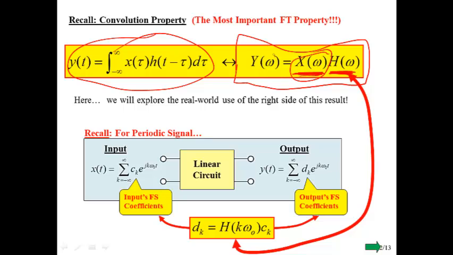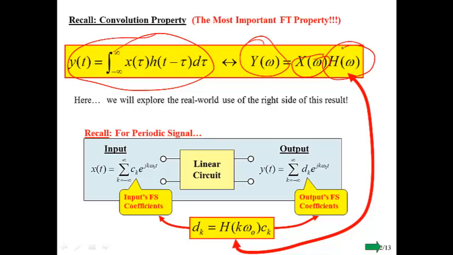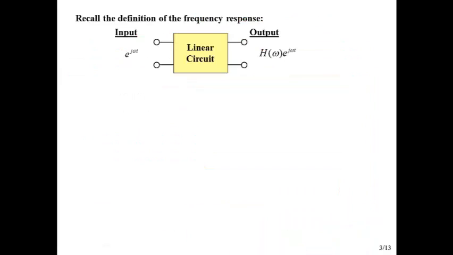Input signal's Fourier transform, output signal's Fourier transform, linked multiplicatively through that system, that is, the system's frequency response, H of omega. Down here we see the same kind of thing, except we have to evaluate it just at the discrete frequencies that we have for the periodic signal.